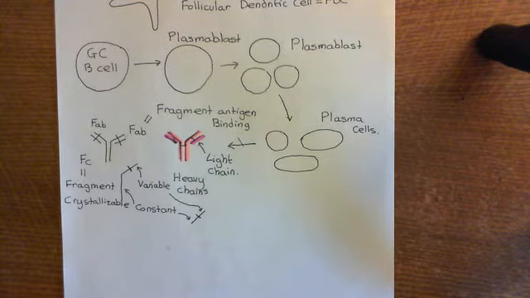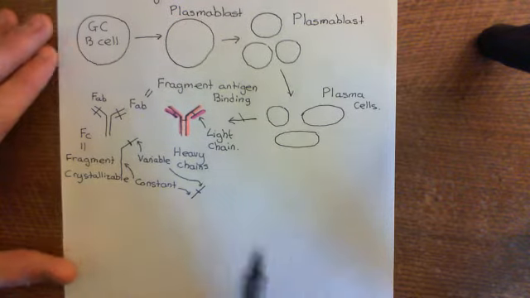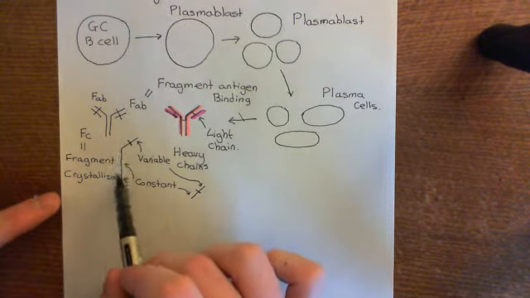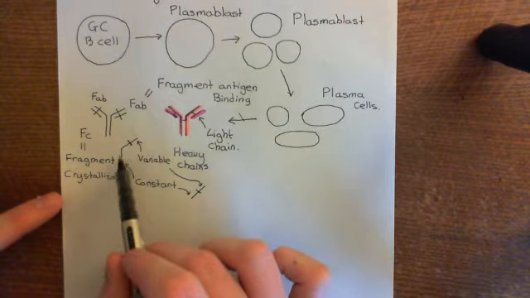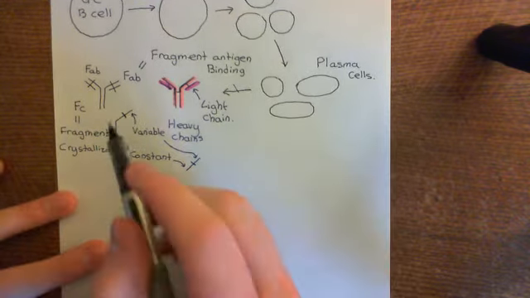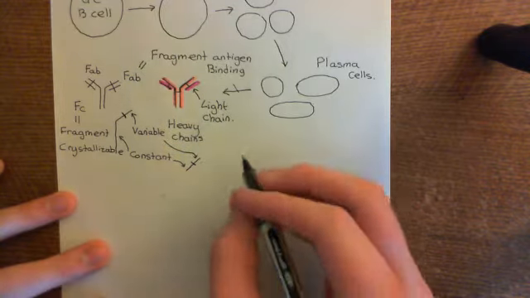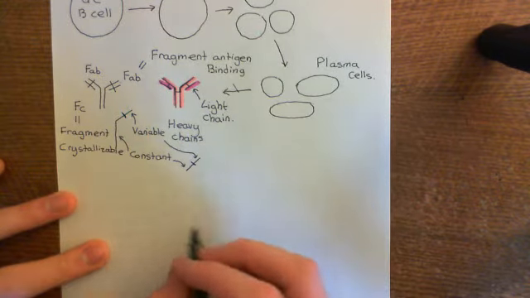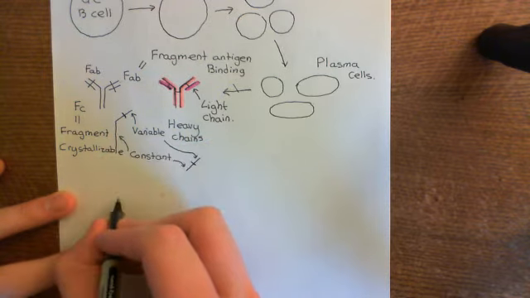Now, it's slightly more complicated than that because there are different what are known as isotypes of antibody. Let me explain this by talking about the structure of the heavy chain, the immunoglobulin heavy chain. If we look at its gene, let's draw the gene for the immunoglobulin heavy chain.